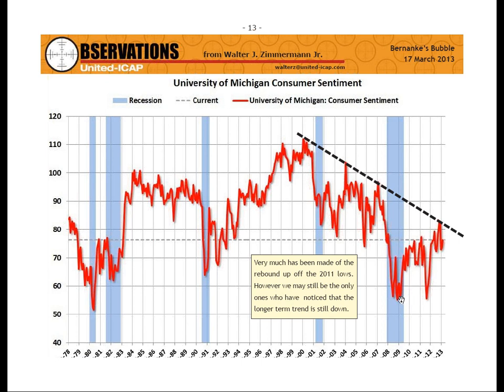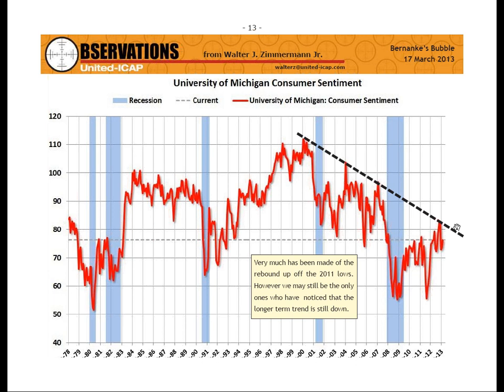Most recently, we've had a big rebound from the lows of actually 2009 to 2011. There was a double bottom in consumer sentiment, and then the rebound from 2011. But while everybody was celebrating this rebound, we were kind of pointing out that, hold on, put the cork back in the champagne. This is still a downtrend. This is still a series of lower highs.